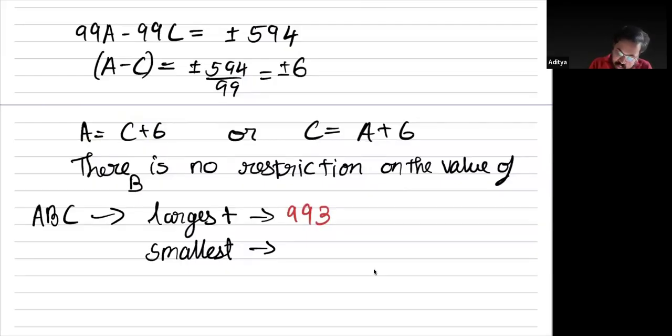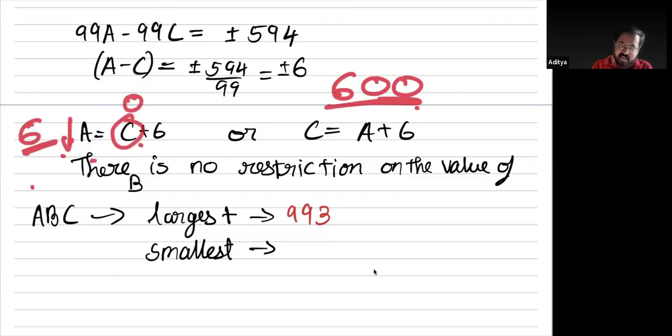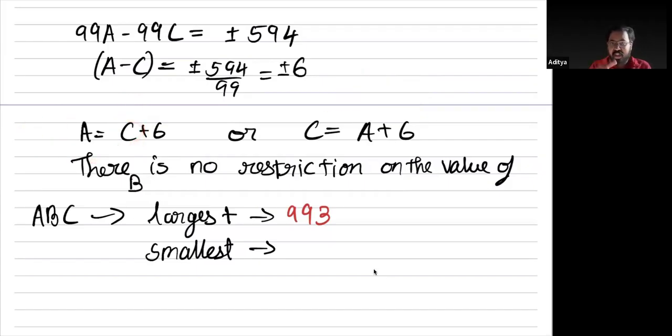Sorry for that. So the smallest will be, if you want to minimize A, how low can A go? So over here, A can go minimum up to 6. Correct. You can make C 0, but can't go below it. So most of you have answered 600. That is correct, if you are talking about the difference, I mean just A minus B. But instead, if the difference relates to the absolute value, correct?